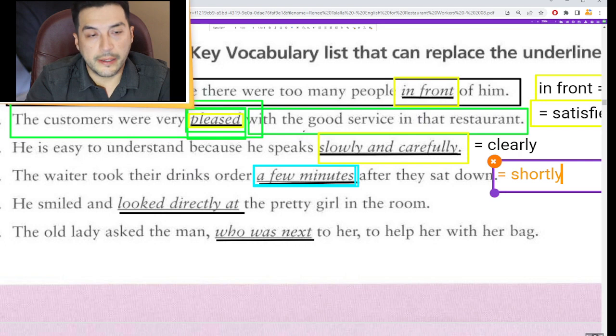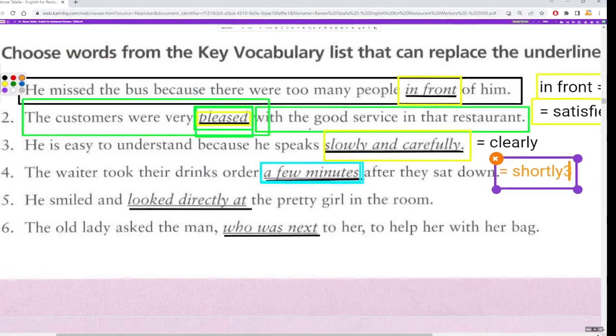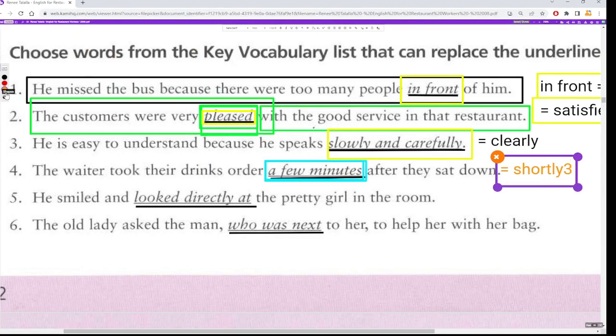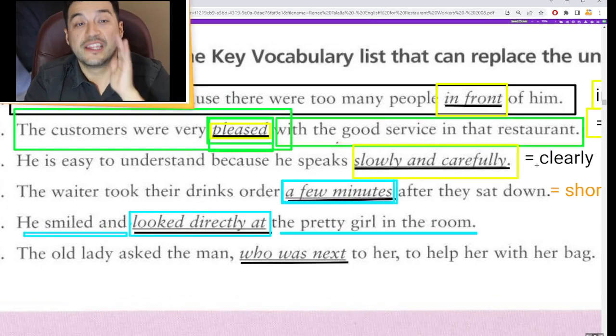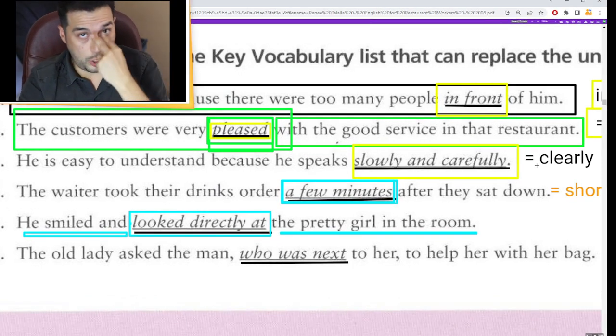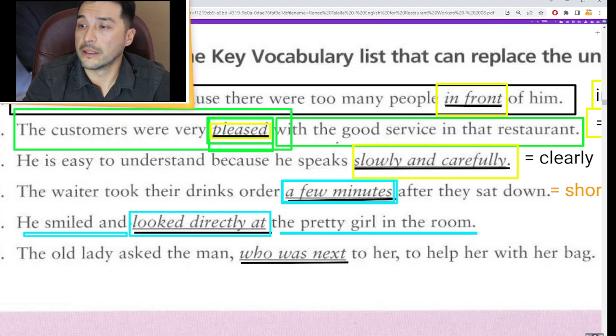All right, number 5. Are you guys ready for number 5? Here's number 5 right here. Looked directly at. He smiled and looked directly at the pretty girl in the room. Okay, looked directly at.